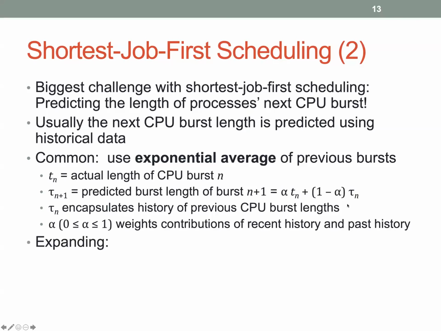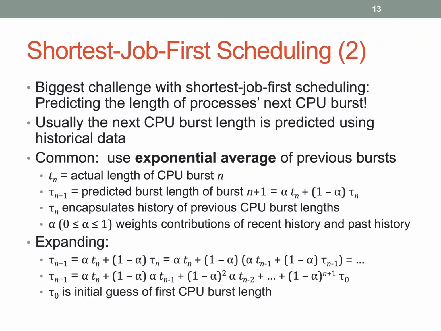And so you can actually go through and expand this. And so you can see why this ends up being called an exponential average, because at each point the exponent increases as you go back. And since alpha and 1 minus alpha are both less than 1, it ends up getting smaller and smaller.